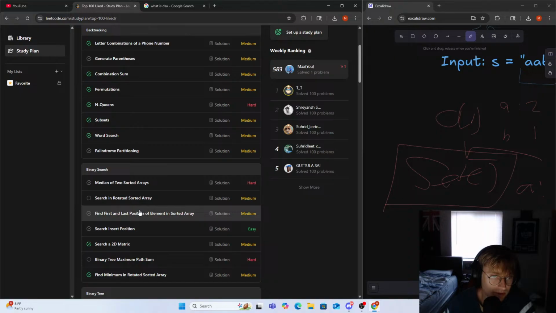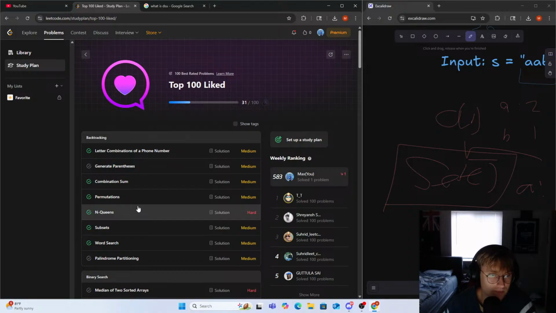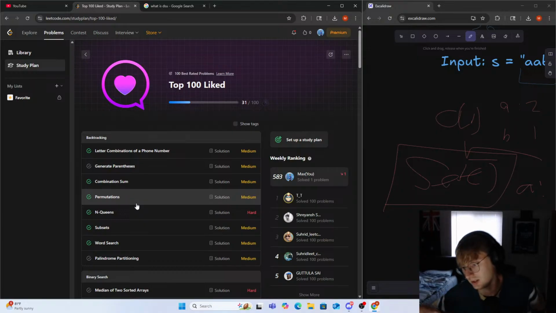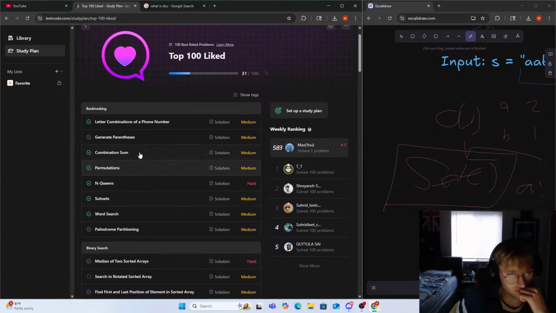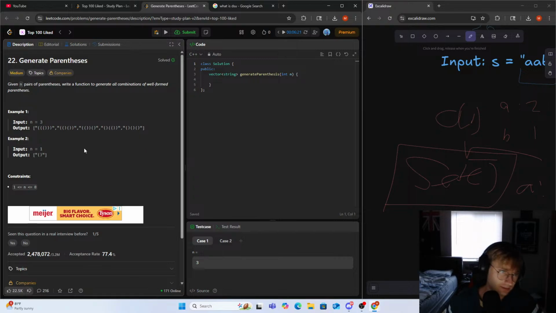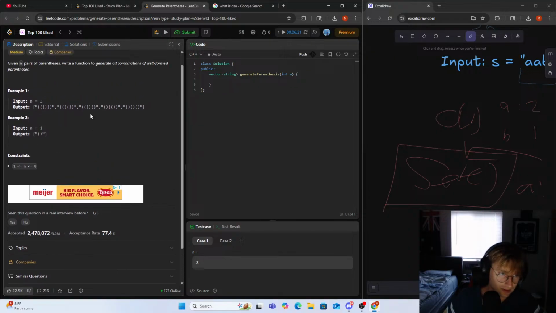I'm not sure what to do. Maybe we can take a look at a problem that we take a look at, generate parentheses, which is a backtracking problem, I believe. Dynamic programming, backtracking, whatever.